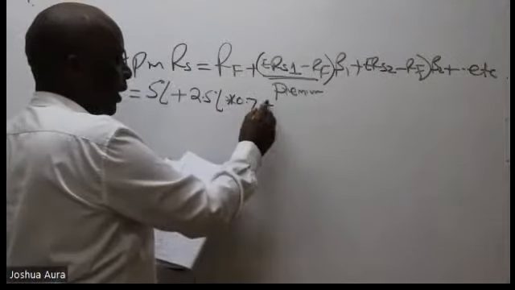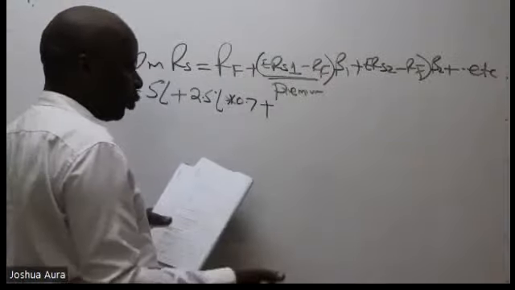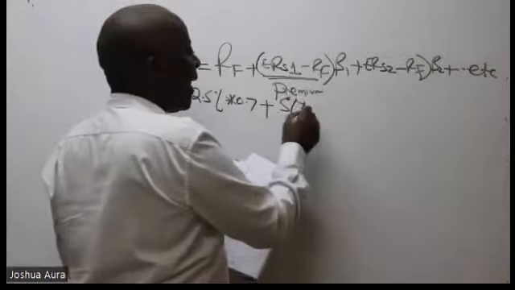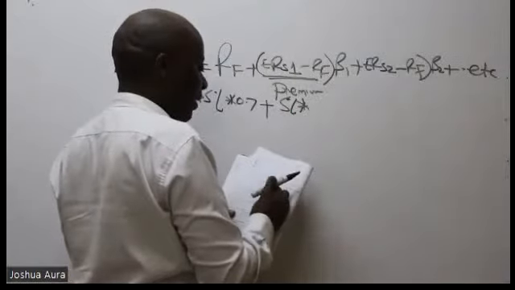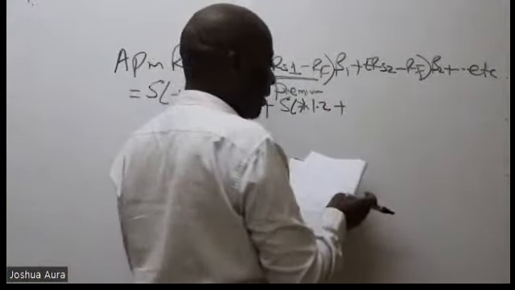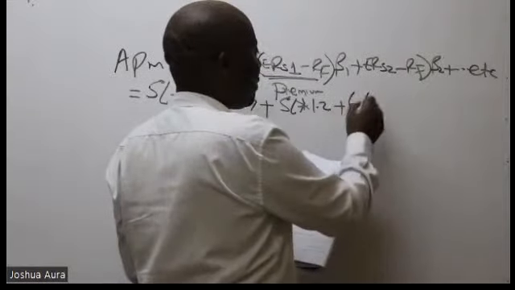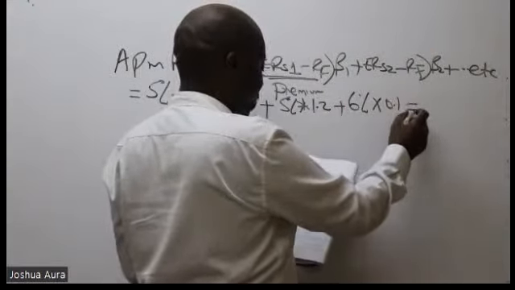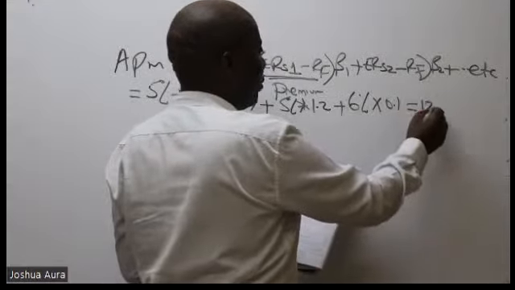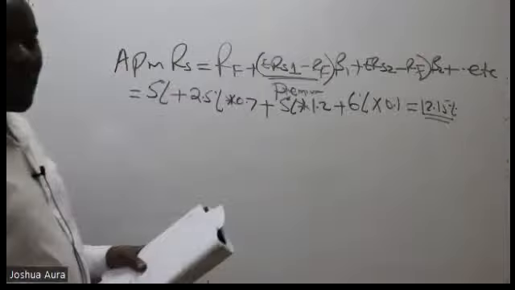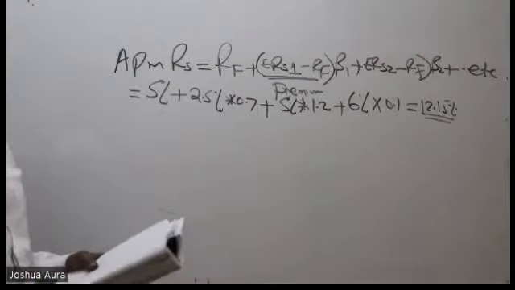Plus now go to factor 2. I'm interested in its premium, which is 5%, and its beta, which is 1.2. Plus the third one, I'm picking the third premium, 6% times 0.1. And I want to believe that this is what they did to get that 12.15%. So I hope Susan, and any other student who may not have gotten this correctly, this helps.